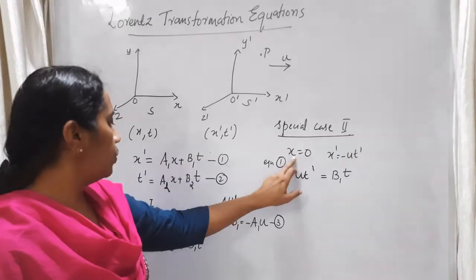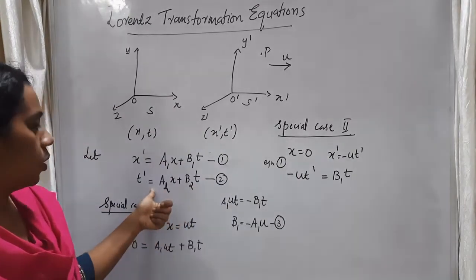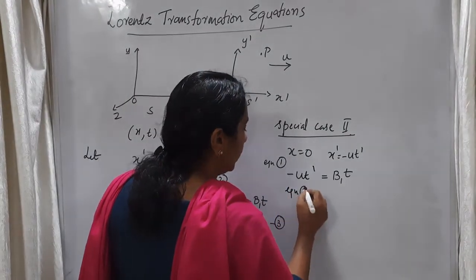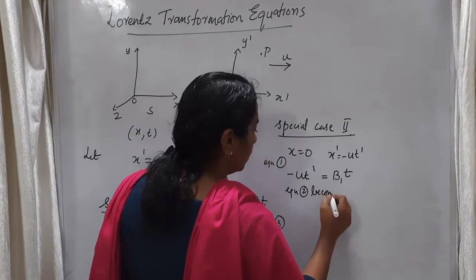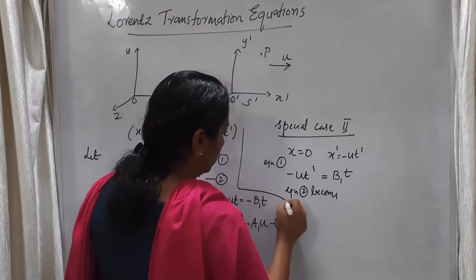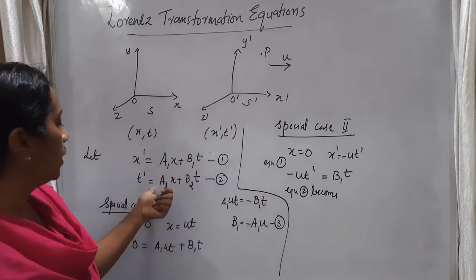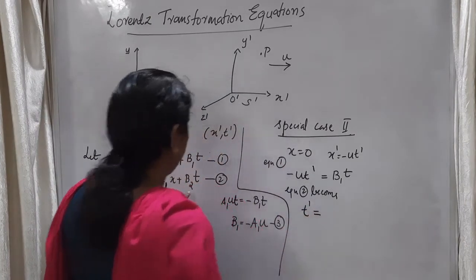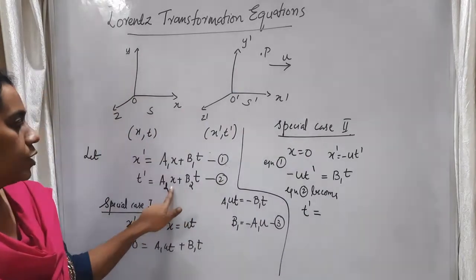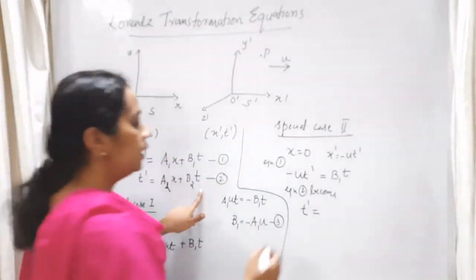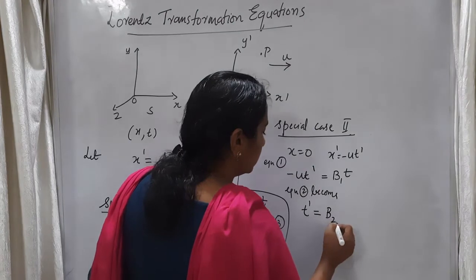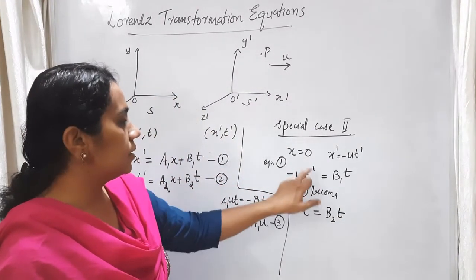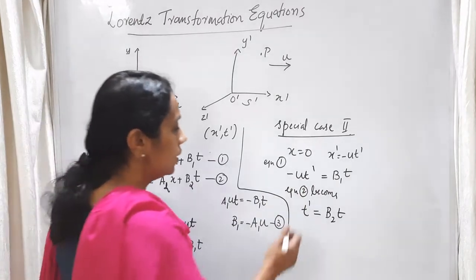Okay, now substitute this value in this equation also. Equation 2 becomes t dash is equal to, instead of x put 0, b2t. So substituting for t dash here, what do you get?